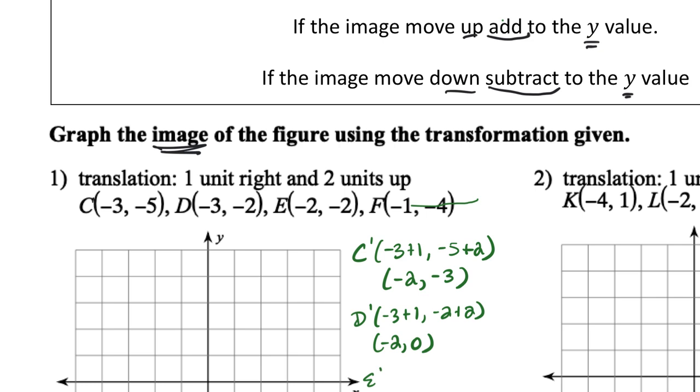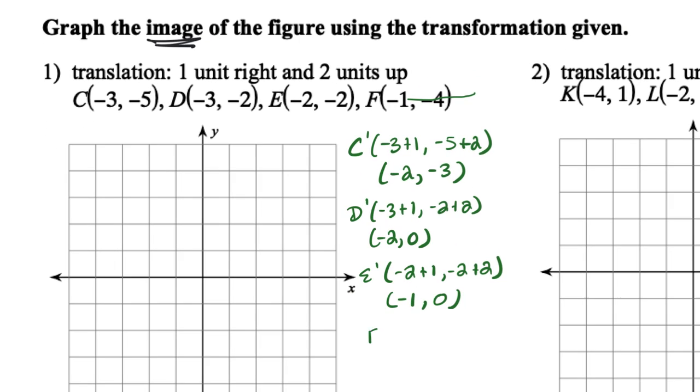E prime is going to be -2 plus 1 and -2 plus 2, so this is -1, 0. And then my F prime, remember again, I'm adding 1 to X, so -1 plus 1, and then -4 plus 2. So this is 0, -2.